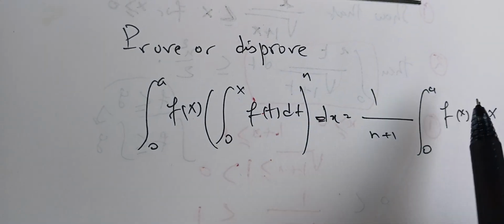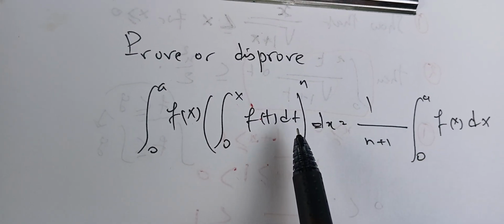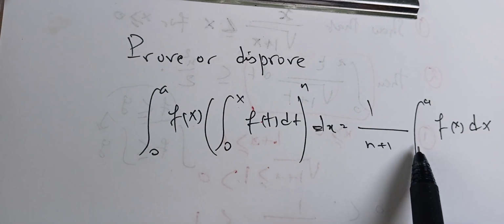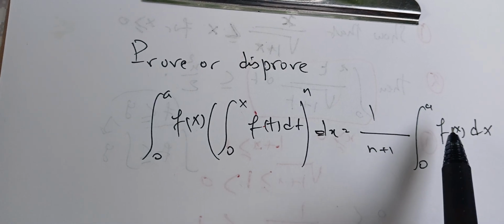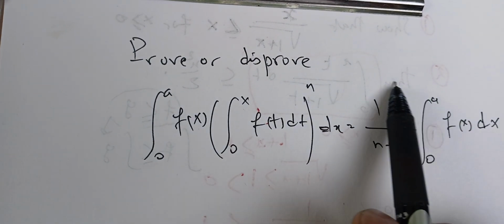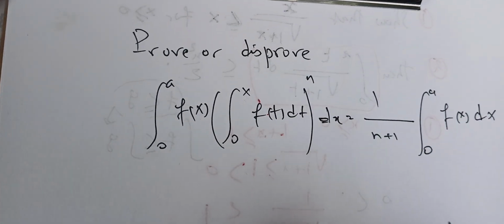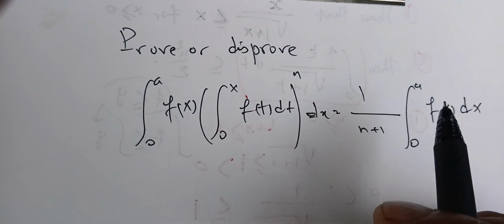In our case here, we are trying to prove that this double integral here is equal to 1 over n plus 1, the integral between 0 and a of f of x dx. Well, let's assume that we can find something, but sometimes the simplest things are the most beautiful things.